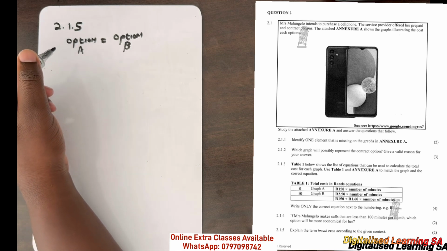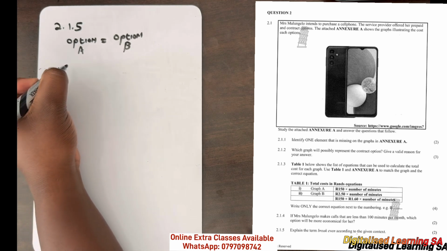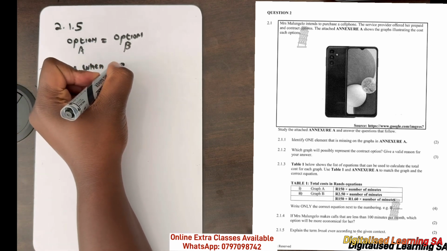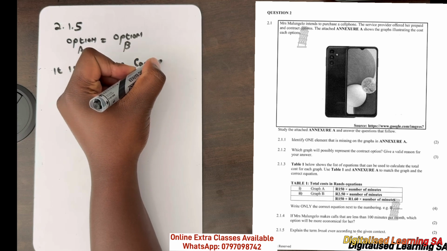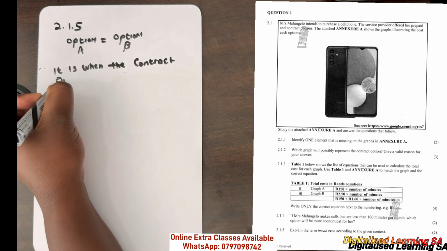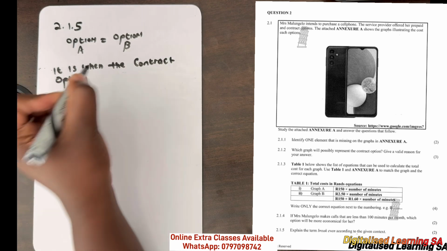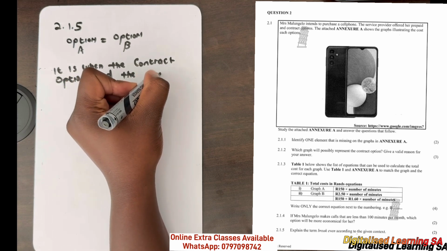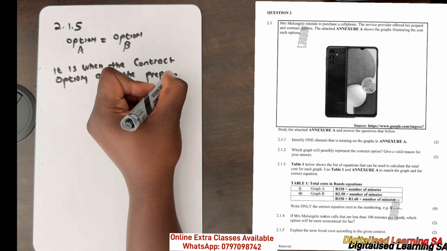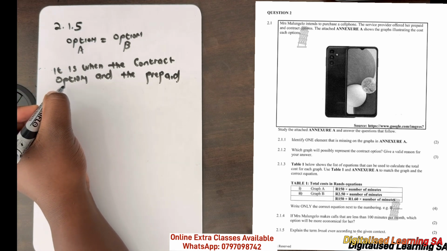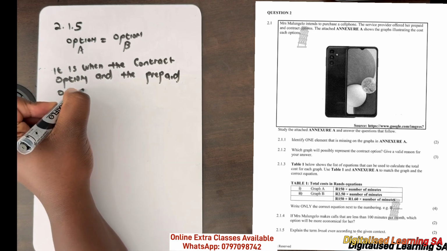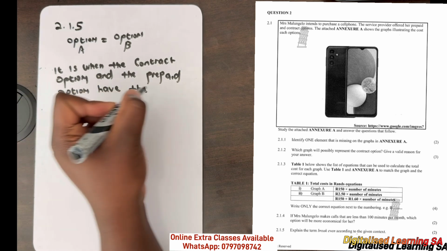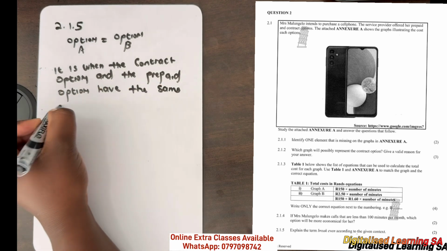So in short, we can just say it is when the contract option and the prepaid option have the same total cost.